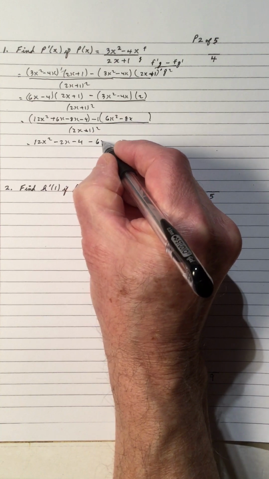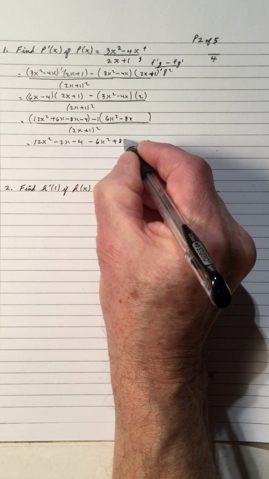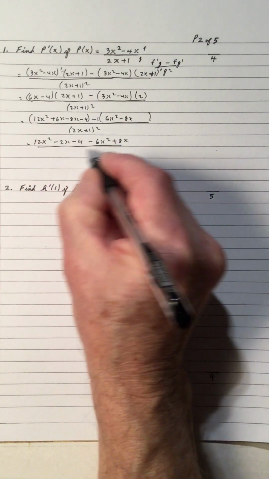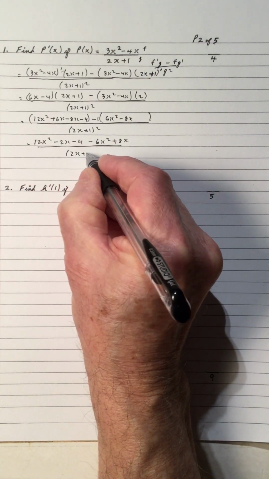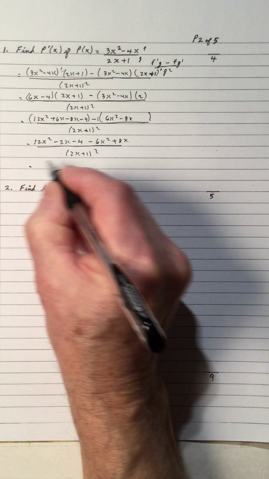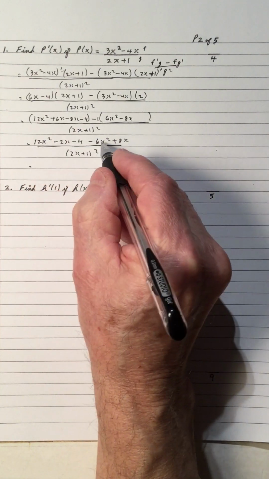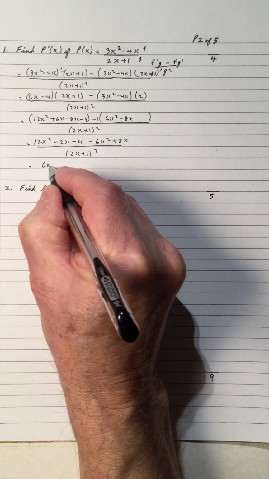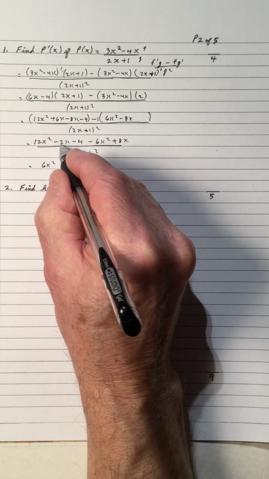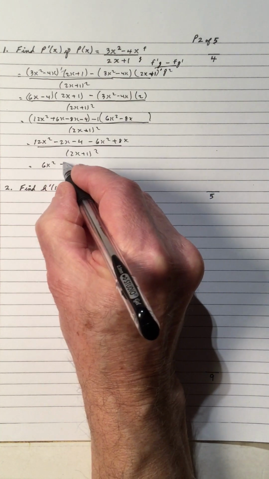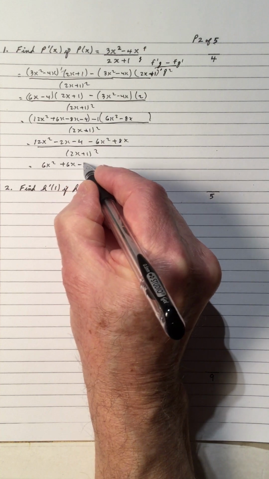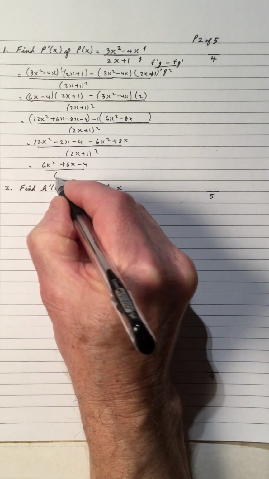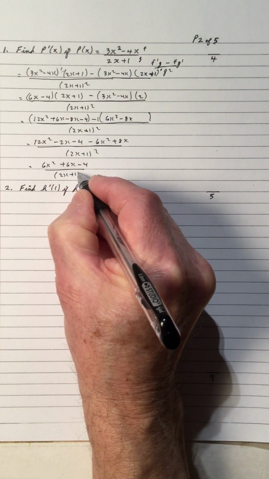So it's negative 6x squared plus 8x all over 2x plus 1 squared. And when we simplify, in descending order, 12 minus 6 is 6x squared. And we got negative 2x plus 8x is plus 6x, minus 4, all over 2x plus 1 all squared.